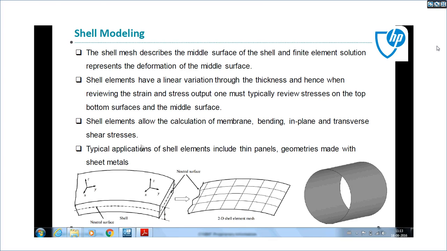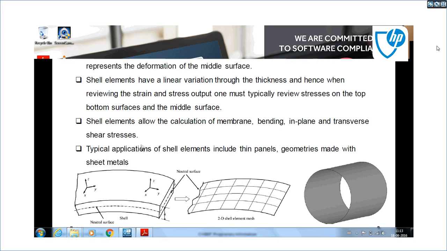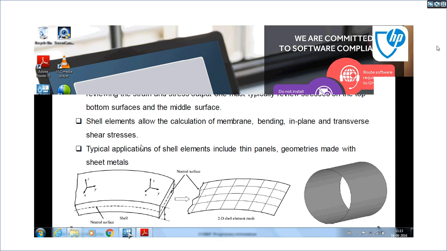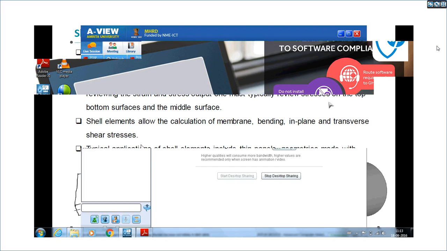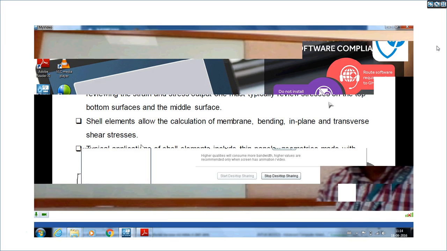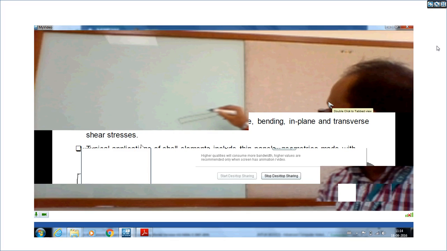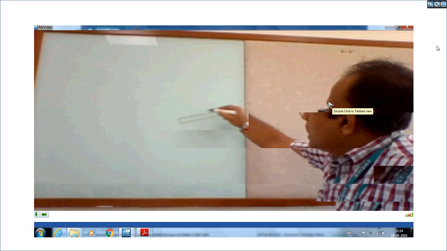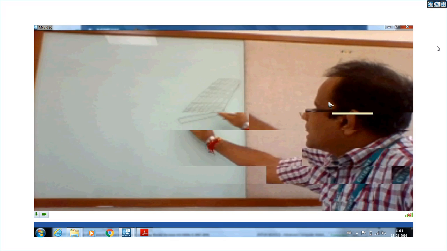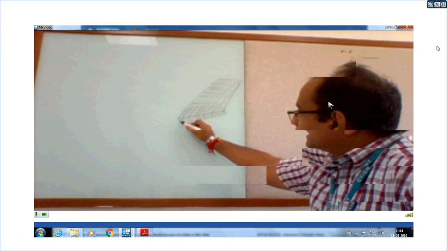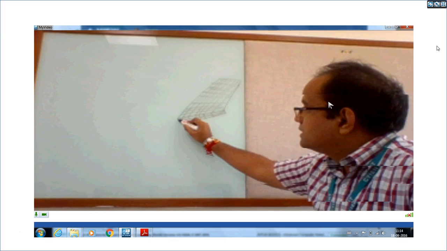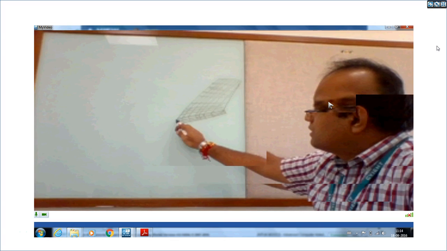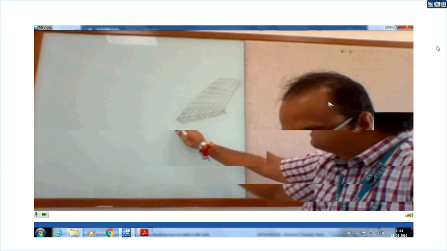When you try to mesh a very thin model and put 2 or 3 elements across the thickness, if it is a very thin sheet, then our element thickness is very small compared to the length. That will affect the element aspect ratio.